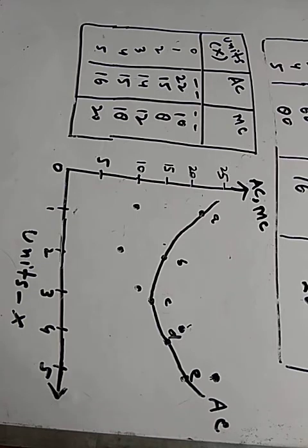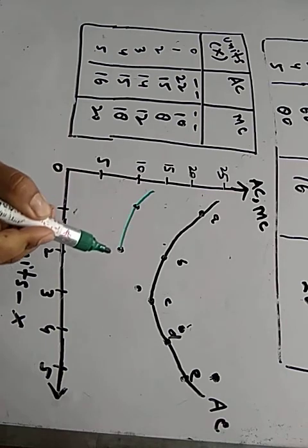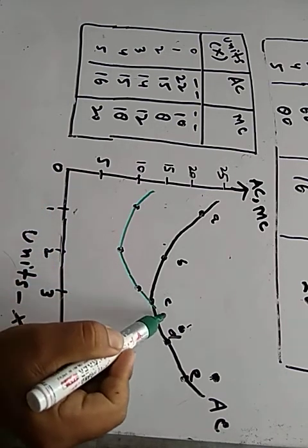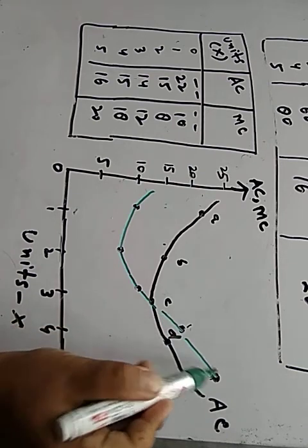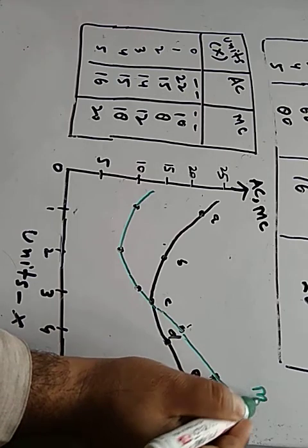Joining these points, we will get a curve known as the marginal cost curve. We will join these points, and we will get a curve known as the marginal cost curve.